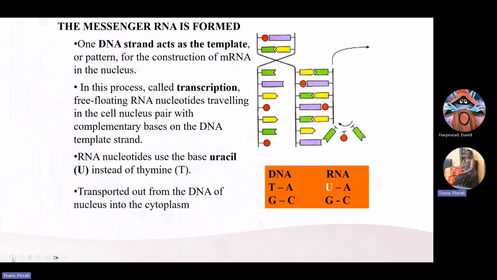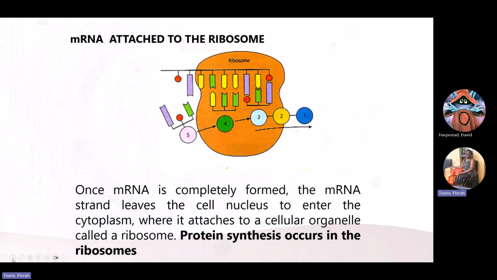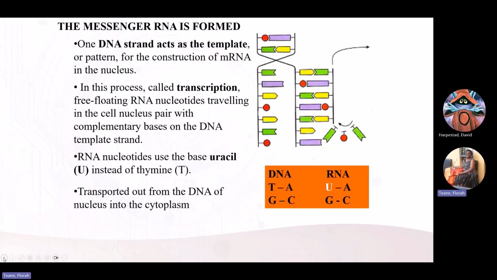Let's look at this to make things easier for you. One strand of mRNA has been formed. Let me go back. Here is a strand for RNA. It is now formed.